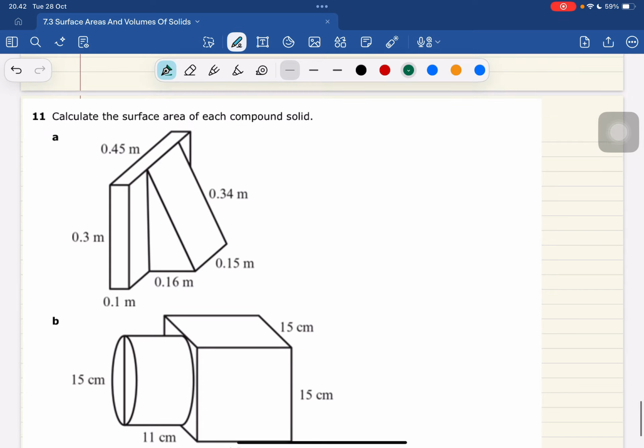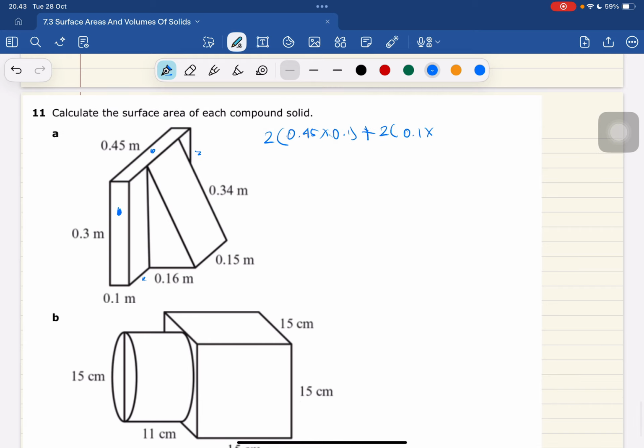Number 11, calculate the surface area of each compound solid. Okay, look at the top, and then down we got 2. So this is 0.45 multiplied by 0.1. Then we add the front and back. They have 2, so 2 times 0.1 times 0.3. We add behind only 1, which is 0.45 multiplied by 0.3.